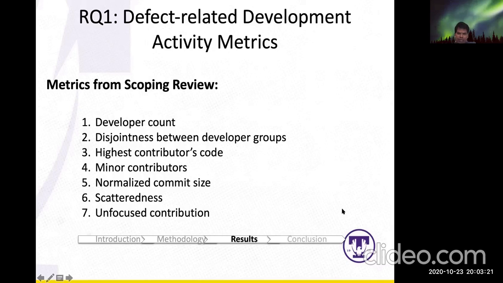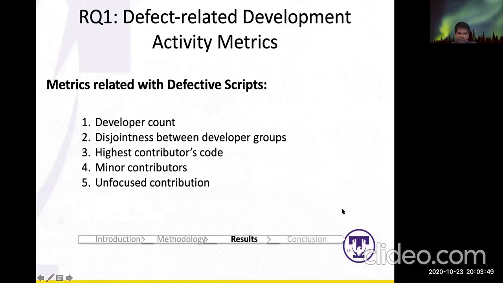The normalized commit size is the number of additions and deletions within a commit, and then scatterness corresponds to how scattered the written lines are, and then unfocused contribution is a measure which measures how many developers are modifying how many files.